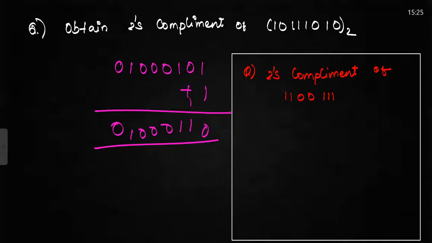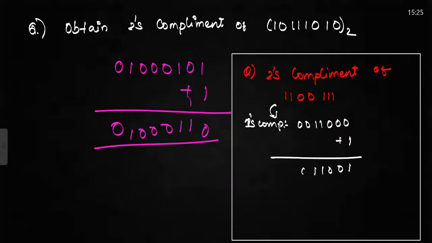Now in order to find this one, what I need to do? I need to find the ones complement. So the ones complement is 0010 1100. Now I will simply add 1 to this one, 0010 1101. Now from this observation we can find an easy way to do a shortcut method.